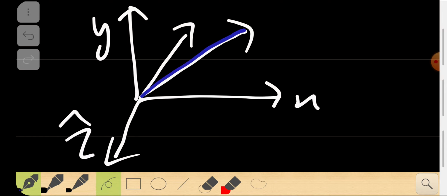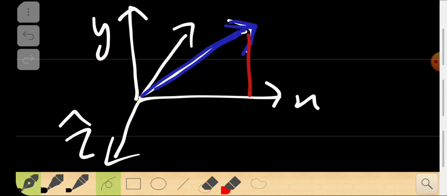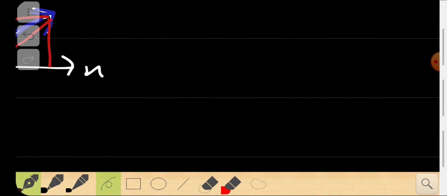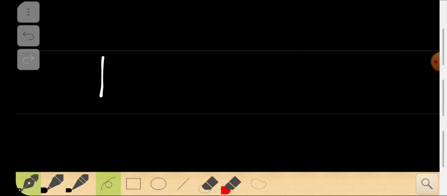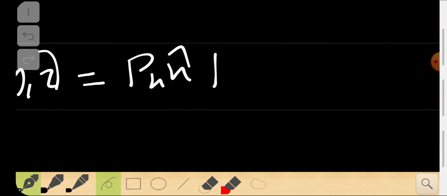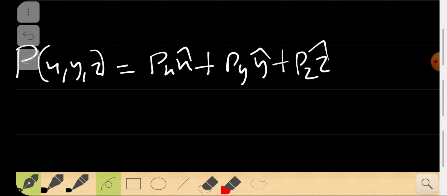This is the 3D vector here, and it will have an x-intercept, a y-intercept, and also a z-intercept. So you can write the vector P of x, y and z as px x cap plus py y cap plus pz z cap. So that's how you represent the vector in three dimensions.